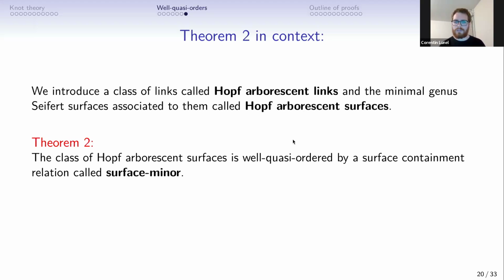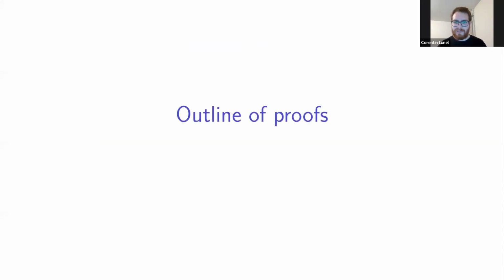And we enforce tree structures, and usually they don't. So just to say that this theorem can be put in relation with other kinds of well-quasi-orders on surfaces associated to links. But now let's move on to the outline of the proof.